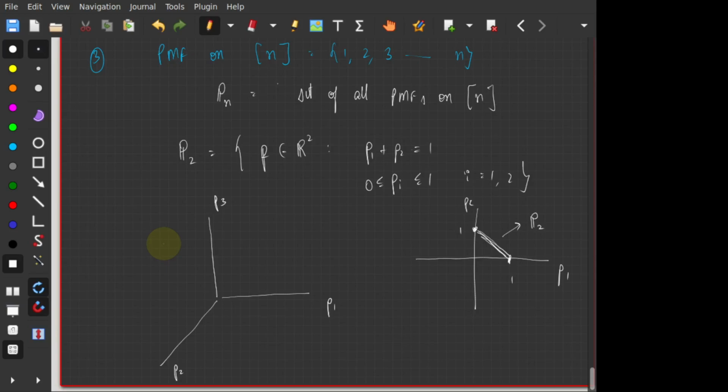So P3 is going to look... What does that surface look like? It's going to look like a triangle. So it is this triangle.